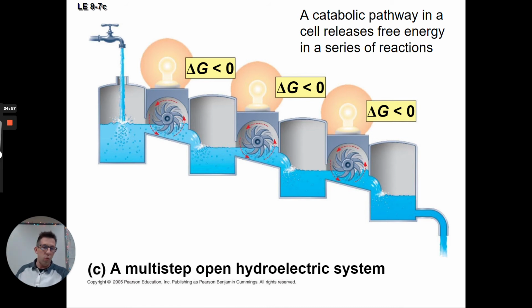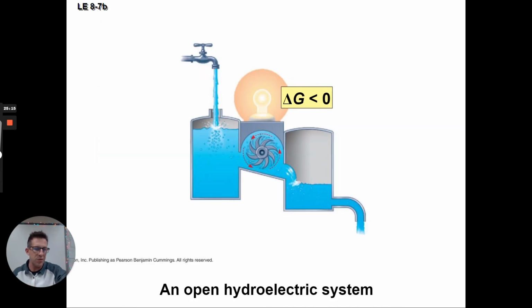Okay, now in our actual cells and in a lot of our different chemical pathways, metabolic pathways, we use multi-step systems, okay? And one of the things that we're going to talk about in Chapter 9 is this multi-step system where we release free energy in small increments. So it's not just something like this where it's one step. That's just to kind of illustrate how an organism is an open system.